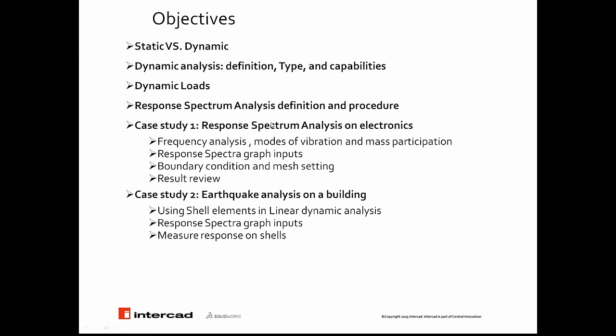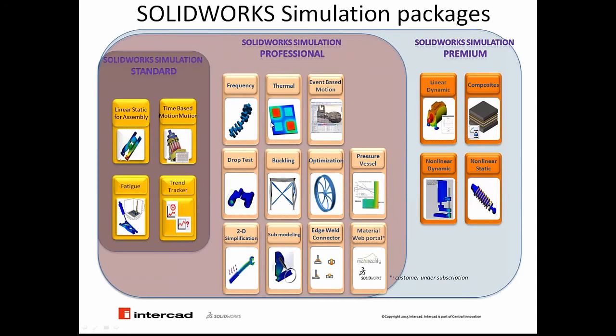All right, so let's have a look at the SolidWorks Simulation packages available. You can have the Simulation Standard package, with which you are able to do linear static analysis, motion-based analysis, and fatigue trend tracker. You add to the capabilities and range of the application by upgrading to SolidWorks Simulation Professional, where you can see frequency, thermal analysis, drop test, and buckling.